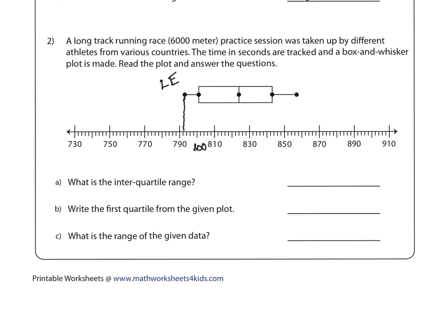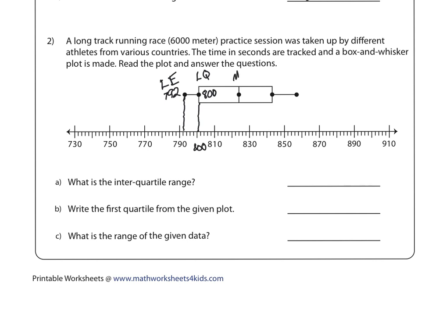So this lower extreme is at 792. The lower quartile, LQ, okay, that's the left-hand side of the box. Again, drawing a line straight down as best we can. It looks like it falls directly on 800. So we write 800 right here.